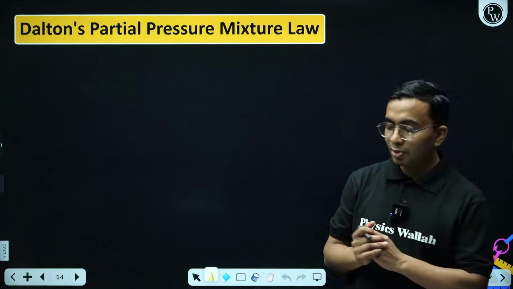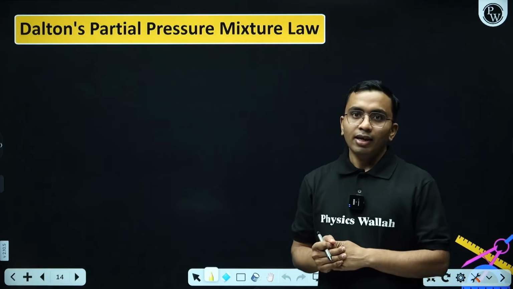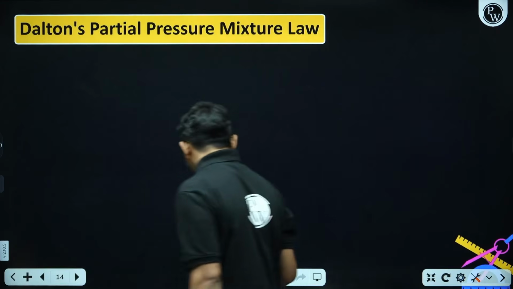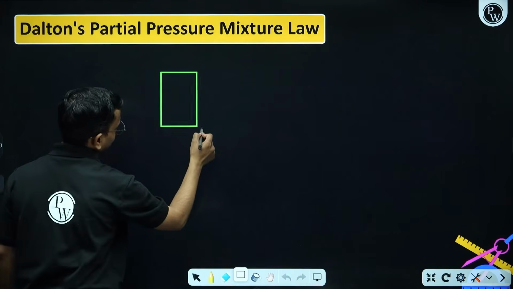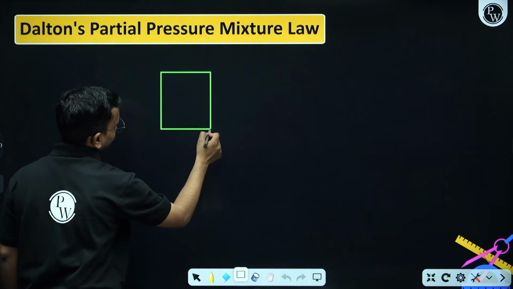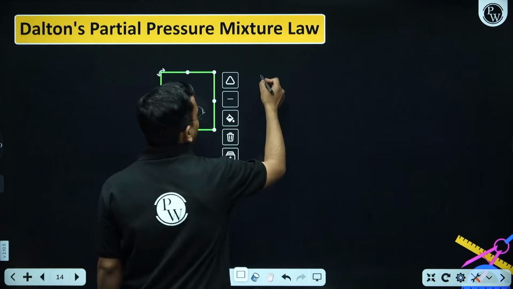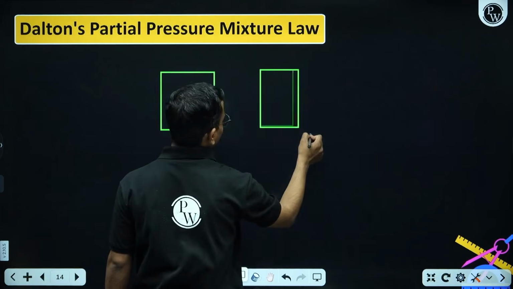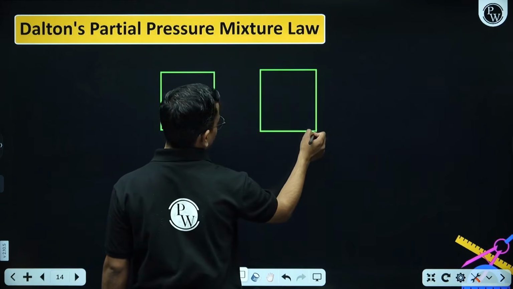Now let us discuss Dalton's law of partial pressure. It states that, let us take, I have gas A and gas B in two containers, like this.